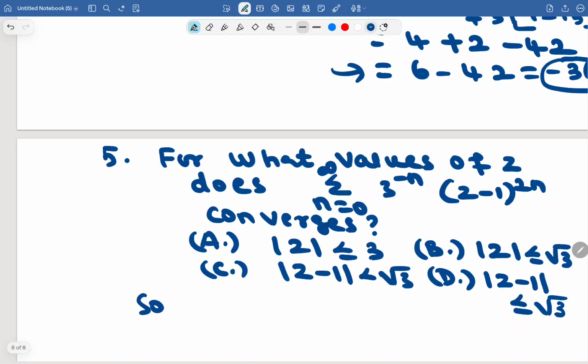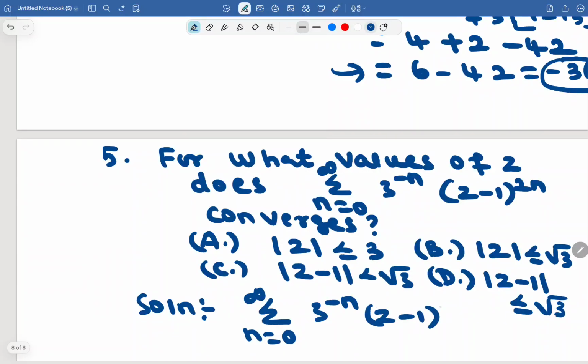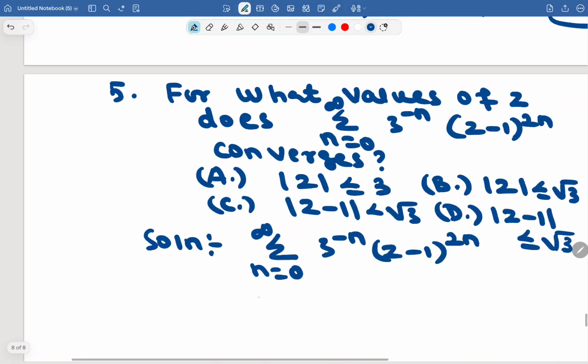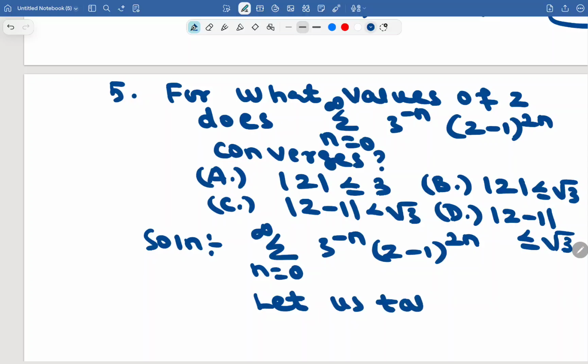Solution. What is given? Summation n equal to 0 to infinity 3 power minus n, z minus 1 power 2n. Let us take z minus 1 whole square as some t.